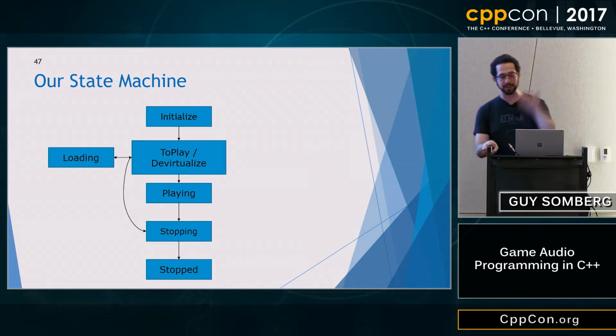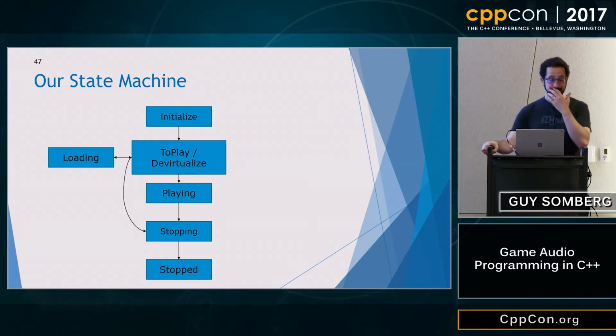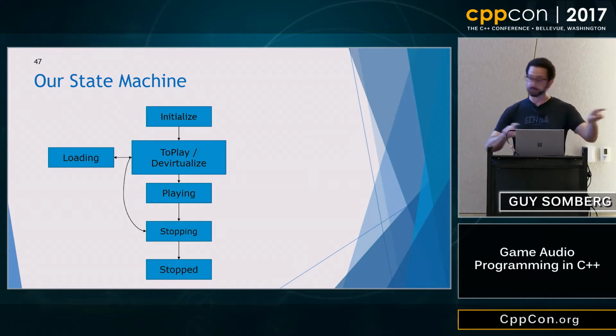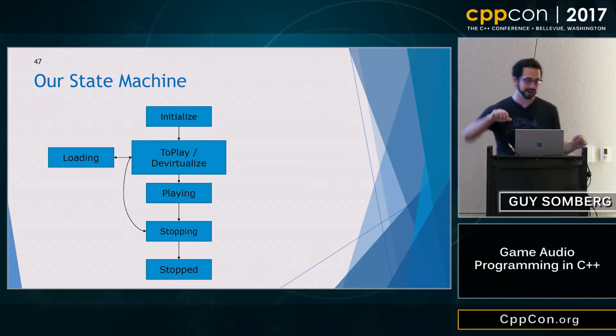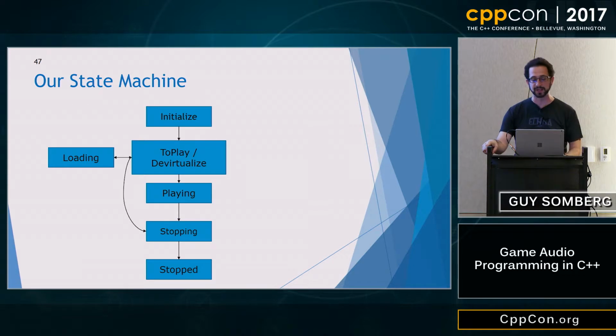When it's finished loading, we'll come back and then continue through the state machine. Note that on the left side, there's that arrow straight from to-play to stopping, because now there's some non-zero length of time between when the sound was requested to play and when it is actually playing, especially if the sound was not loaded from disk. And at that point, you can already get a stop request for that. It might even happen on the same frame. So we jump straight to the stopping state.